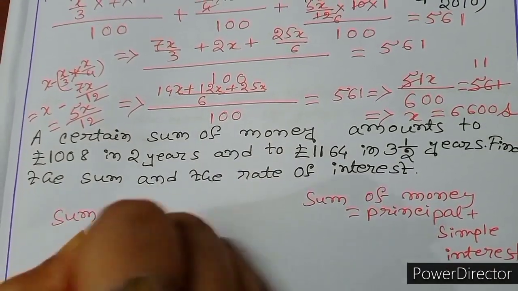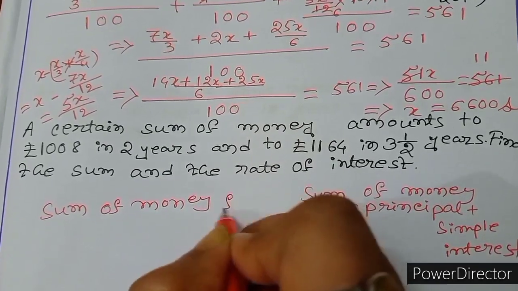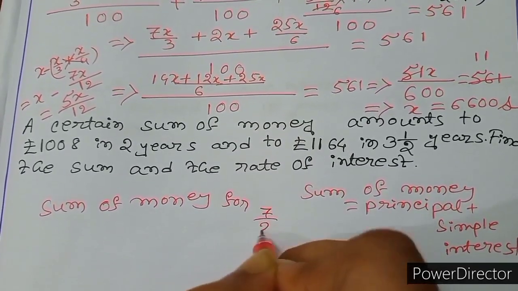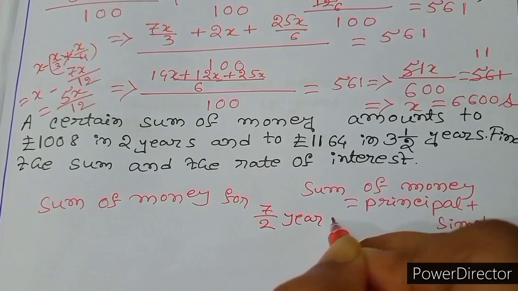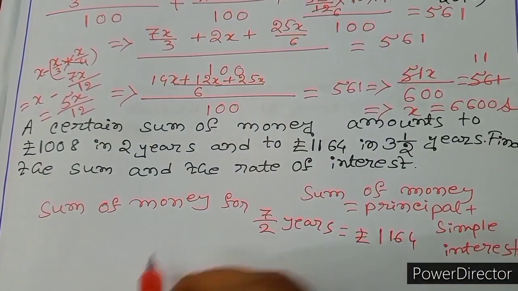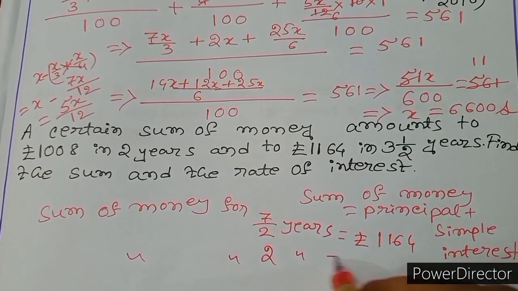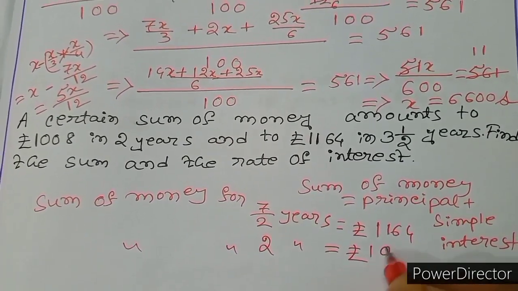So here sum of money for 7/2 years equal to 1164 and sum of money for 2 years equal to 1008.